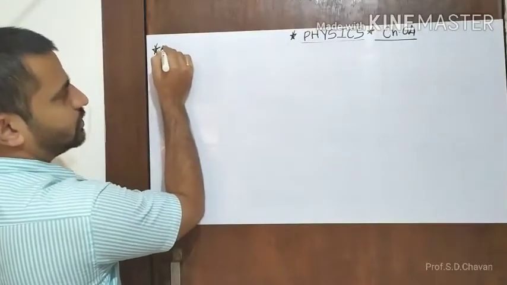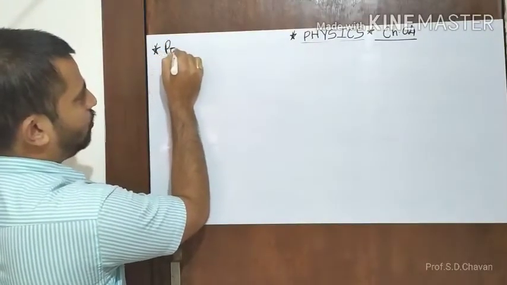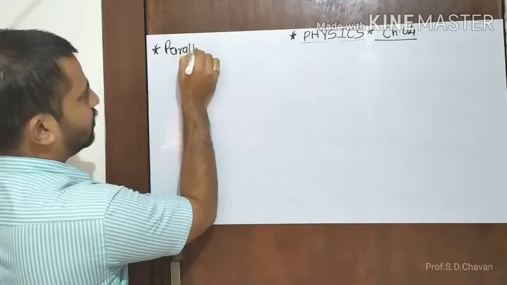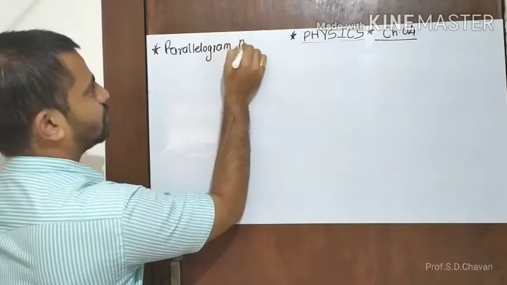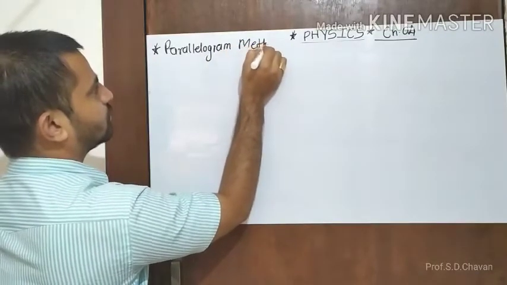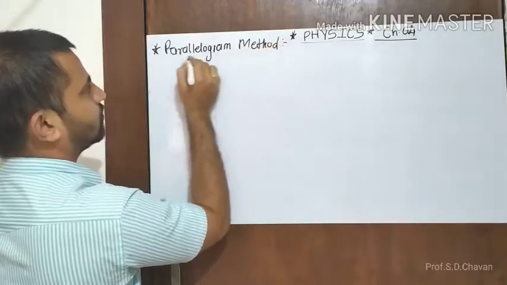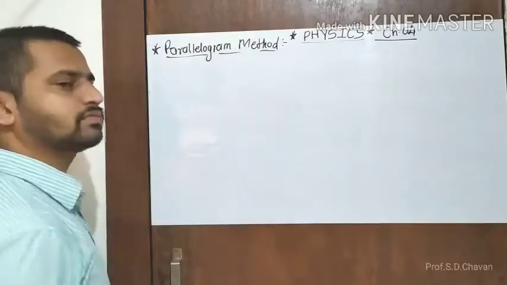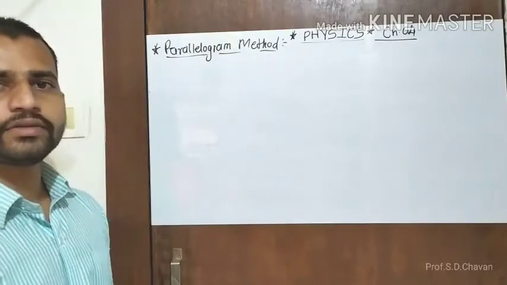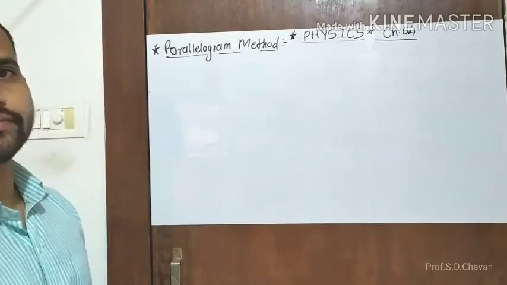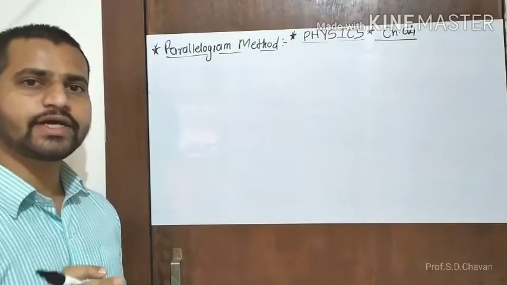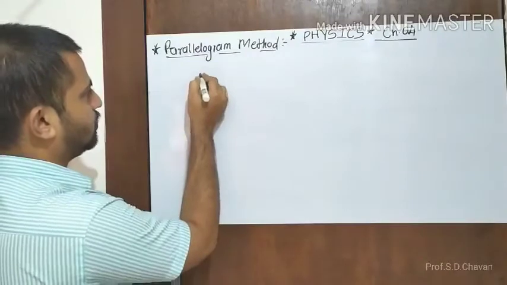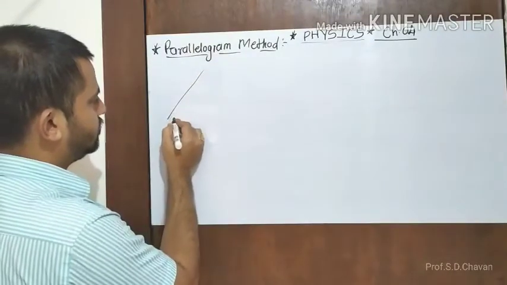So when can we use the parallelogram method of vector addition? When the two vectors are given such that they are representing the two adjacent sides of a parallelogram, like this.